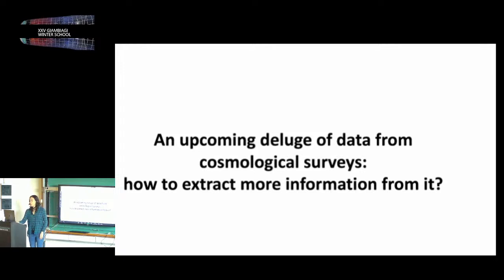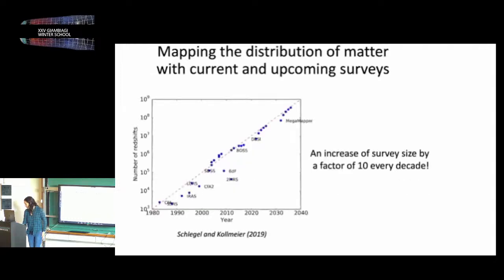Before that, let me tell you a bit more about this deluge of data that we expect to have in the near future. Here I'm showing a compilation of Schlegel and Kohlmeier where we can see the number of redshifts measured by various surveys.